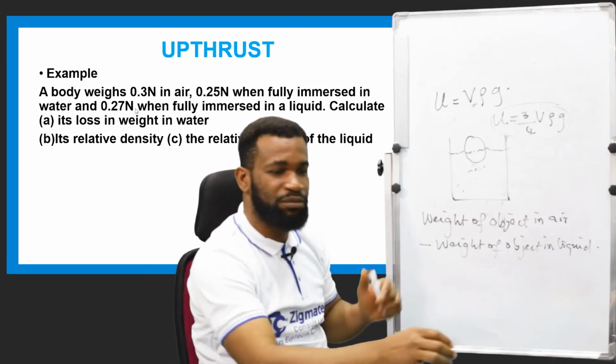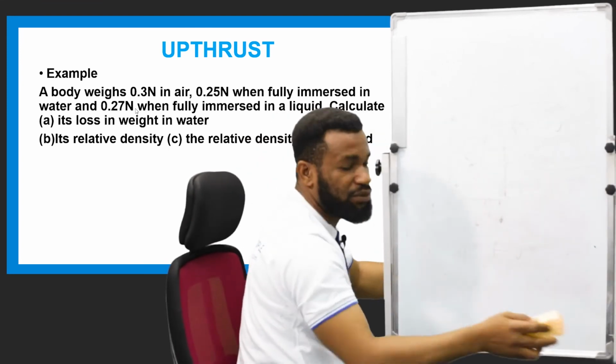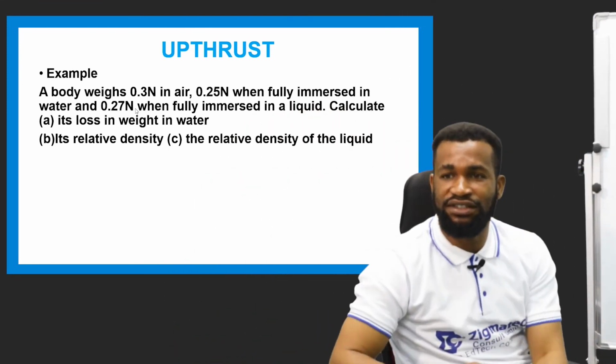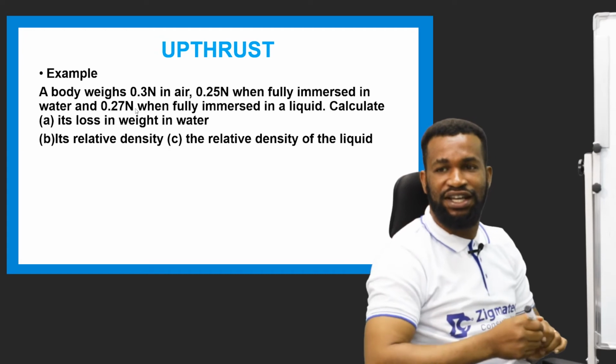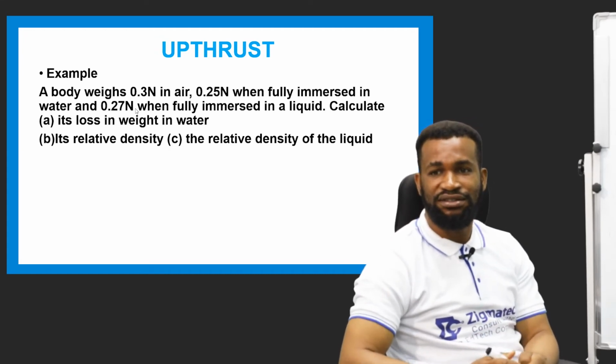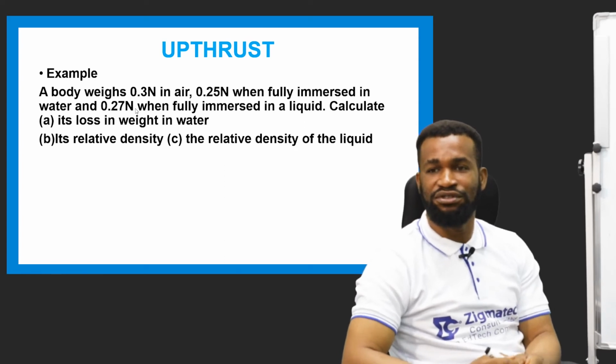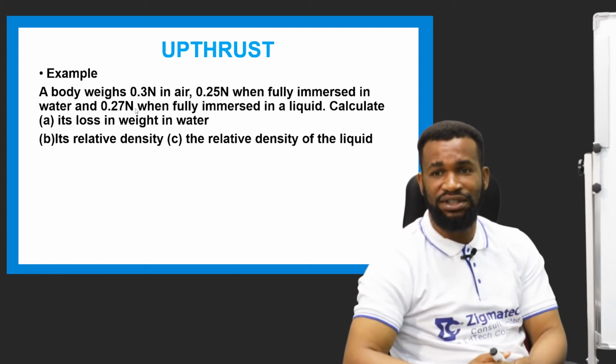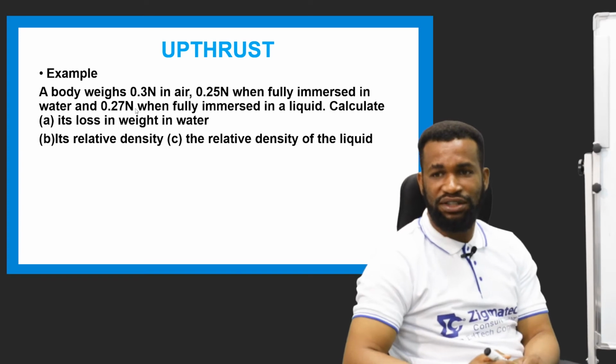Now let's look at this problem on the screen. The first question said a body weighs 0.3 N in air, 0.25 N when fully immersed in water, and 0.27 N when fully immersed in a liquid. It said calculate the loss in weight in water.